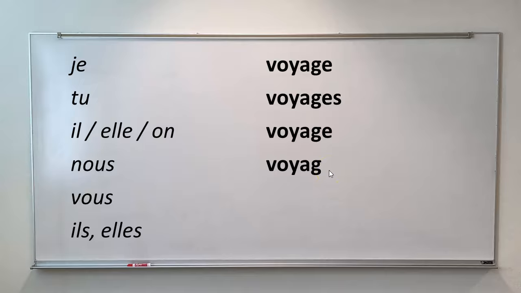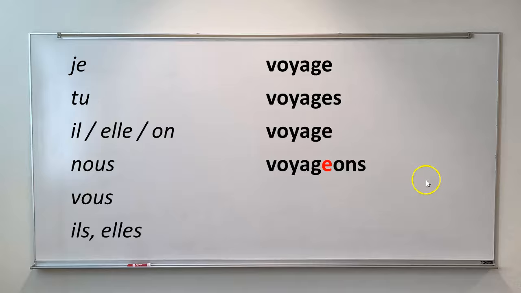So in order to avoid that sound, we add in an E before we add the ons. So that's to preserve the je sound. So nous voyageons, we travel. If I didn't add the E, then you would have gons, which would be gon. And we don't say nous voyagons, we say voyageons. So to preserve that sound, we add the E.